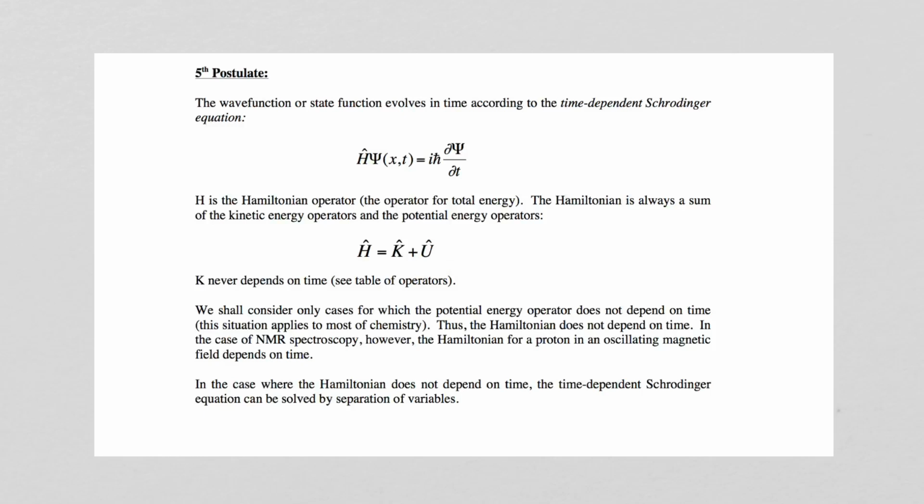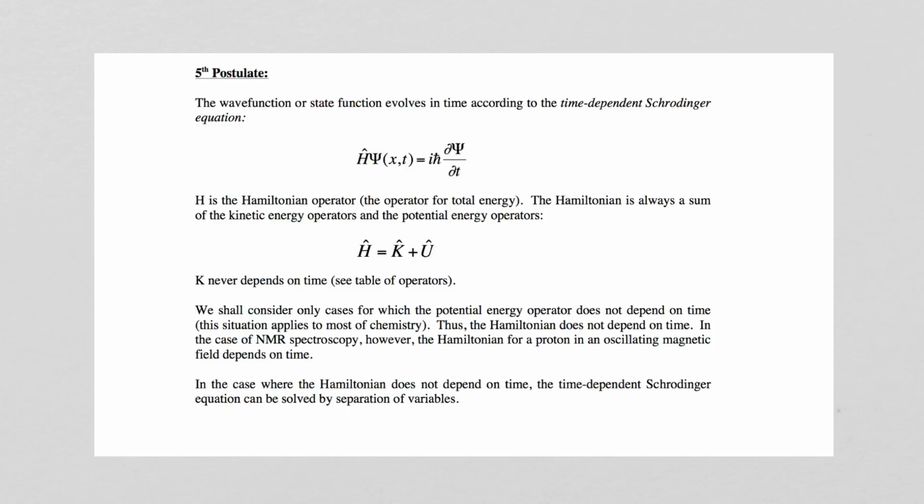This is always going to be the case for our total energy. One thing to note is that our kinetic energy never depends on time. Actually, since 99% of chemistry is time independent for our potential energy operator, most of the semester we will concern ourselves primarily with what we call the time independent Schrödinger equation.